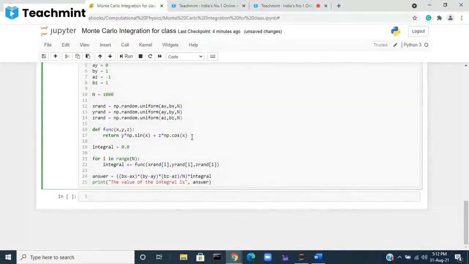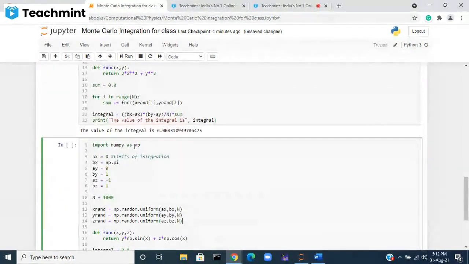For sine x we are using the function sine x, which is defined in the numpy library. So we call import numpy as np. np is the shortcut for numpy.